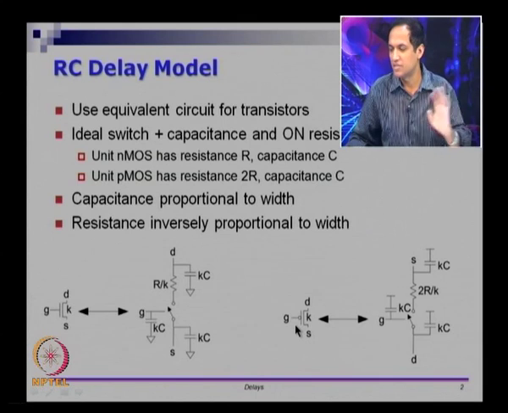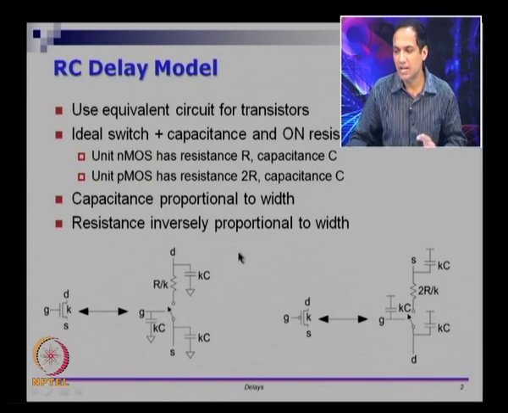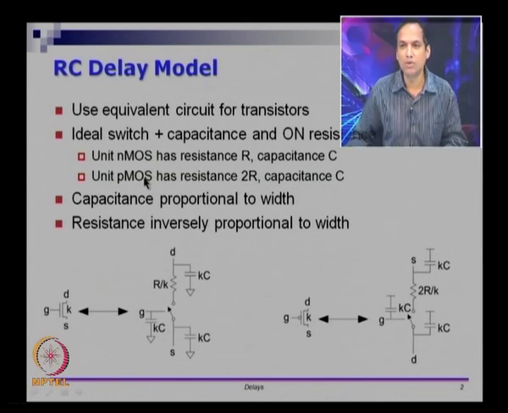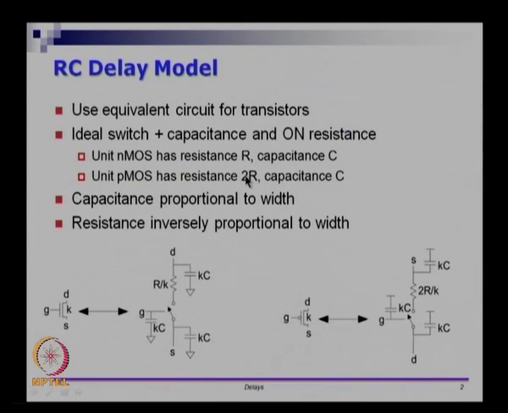There is a physical reason why it is so, but let us take this as a fact now. A unit PMOS device usually has double the resistance, but the same capacitance as an NMOS device. So a PMOS device has almost twice the resistance of an equivalent NMOS device if they are of the same size.